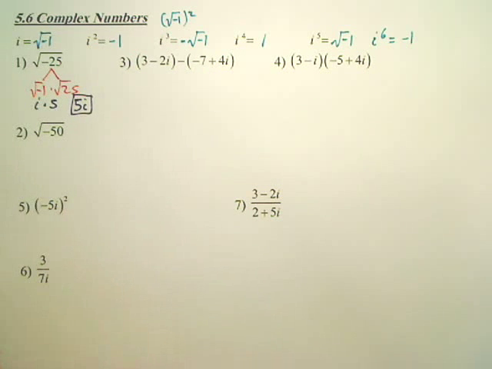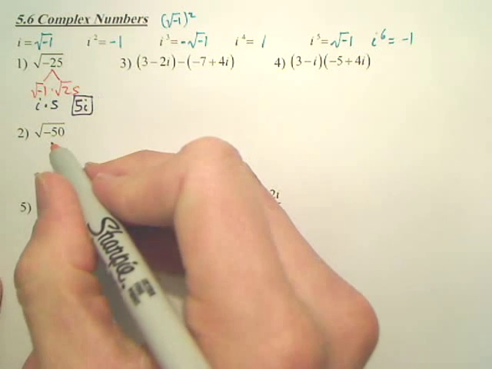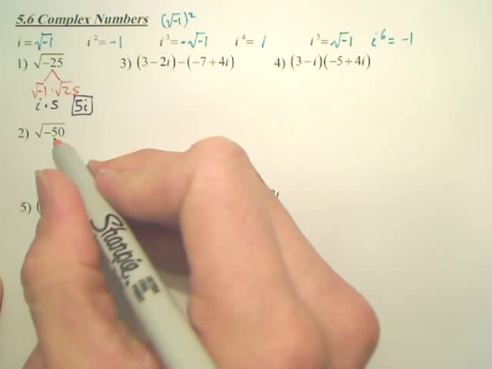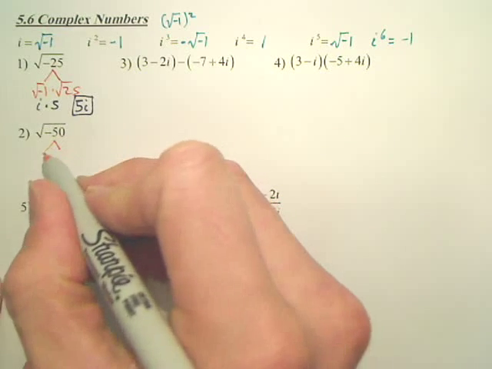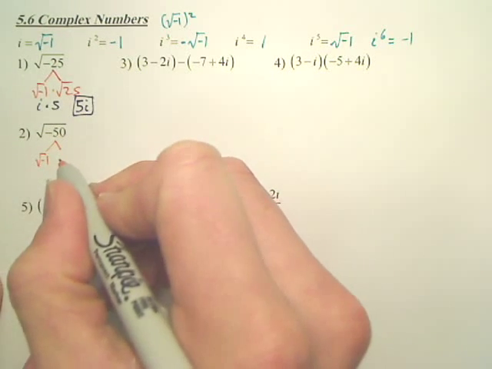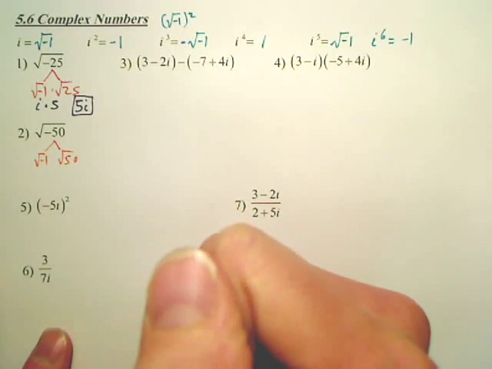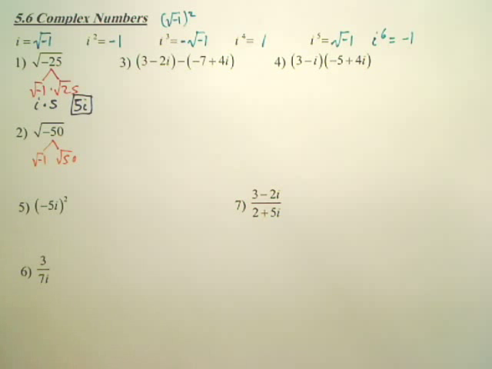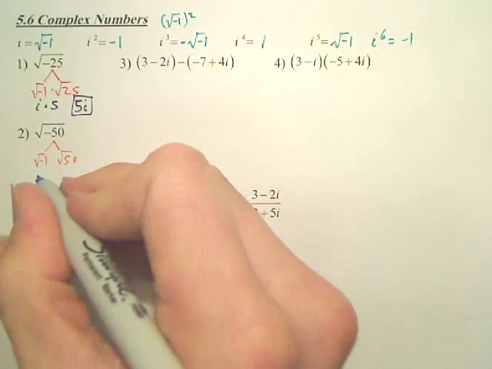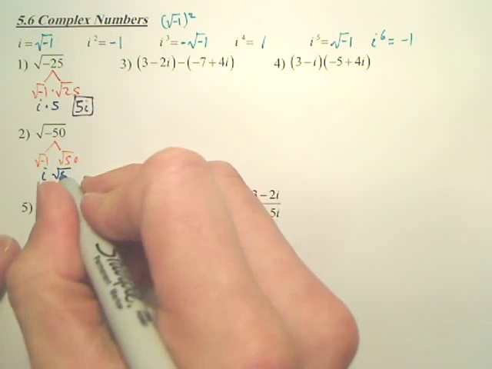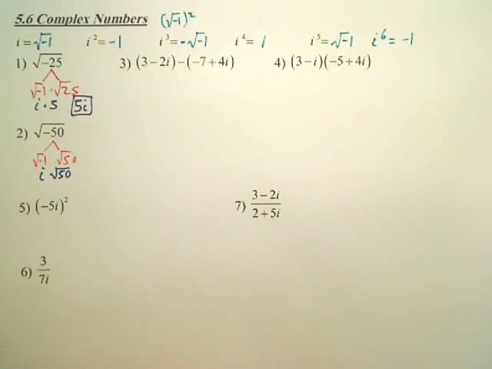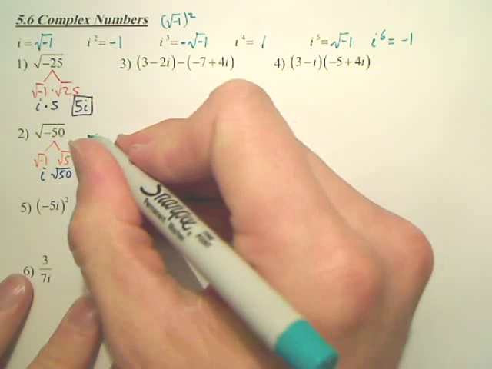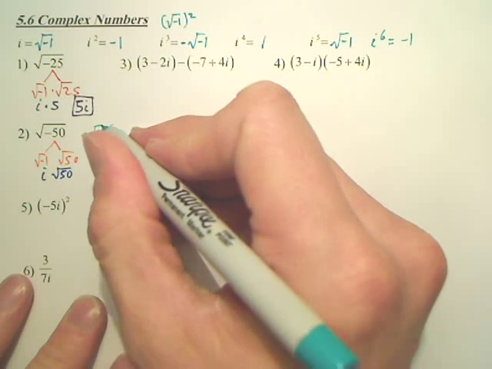Okay, number 2, right here. Square root of -50 doesn't work, but I could change that to the square root of -1 times the square root of 50, which doesn't that now make i square root 50? But does the square root of 50 reduce? Yeah.